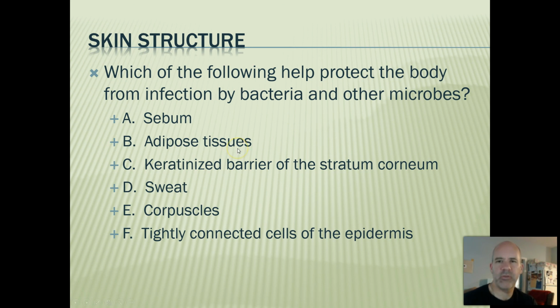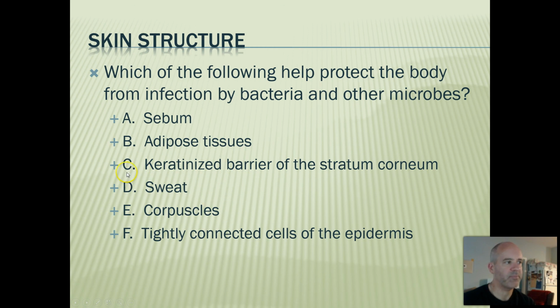How about adipose tissues? Now, your fatty tissues aren't really protecting you from infection. Keratinized barrier of the stratum corneum, that uppermost sublayer of the epidermis. Yes, that's one of the functions of keratin. It's forming a barrier there that helps keep microorganisms, germs, out of the deeper parts of the body.